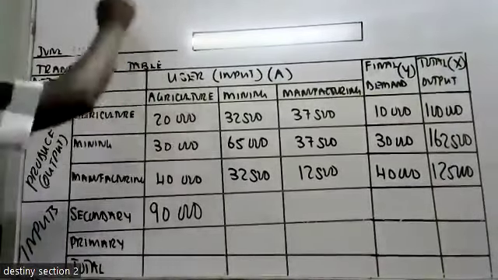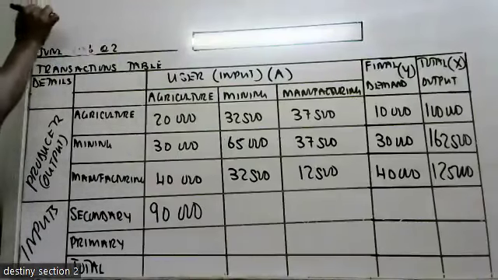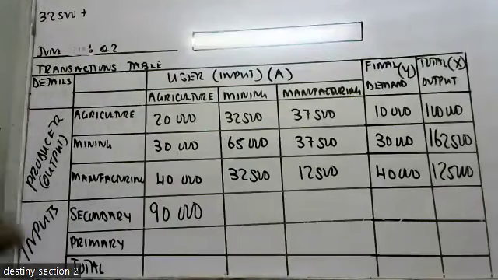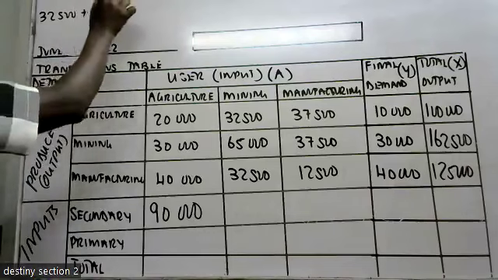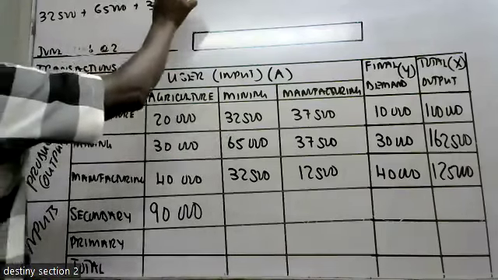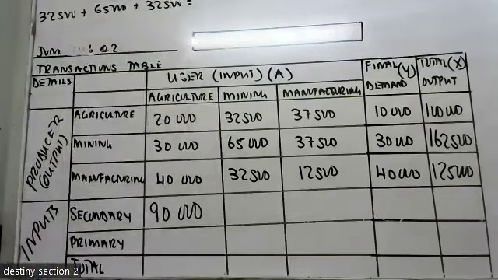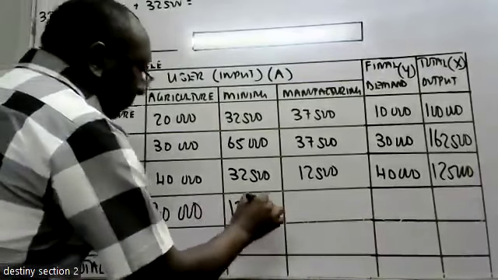If you come here, the next one you say that's 2,500. That's my space. That's 2,500 plus 65,000 plus that 2,500 is equal to what? That 2.5 plus 65 plus that 2.5 is 130,000.